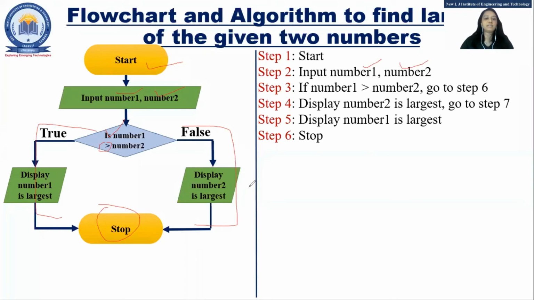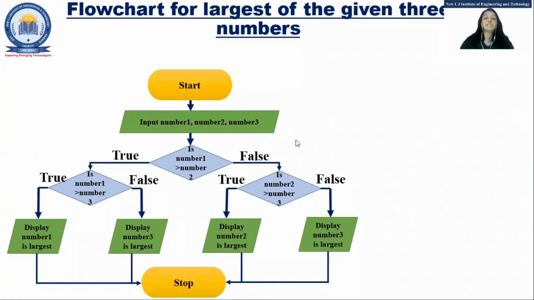Any doubt in decision making? We have seen number is even or odd, and which is the largest number from the given two numbers. Another one that we will see is how to find out the largest number from the three given numbers. The next problem is the largest number from the three given numbers. We will have number 1, number 2 and number 3.